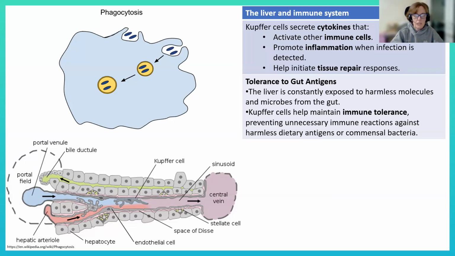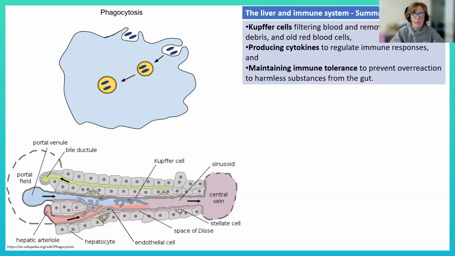Commensal bacteria is bacteria that's meant to be there, it lives there. So it's important that these Kupffer cells and their cytokine secretion is kept at a regular level that doesn't go over the top and start off a really big immune reaction that causes a lot of damage.